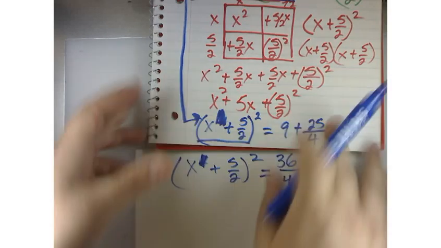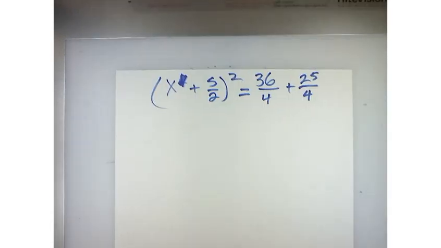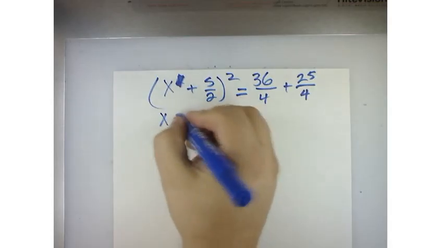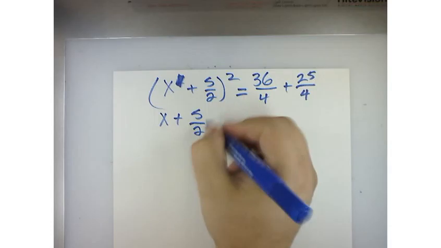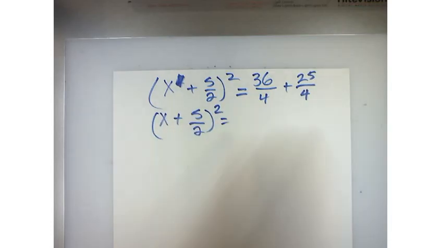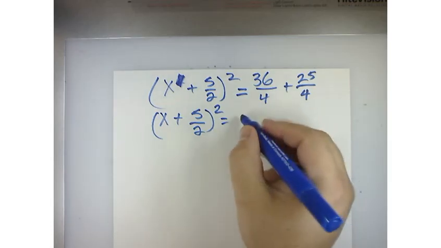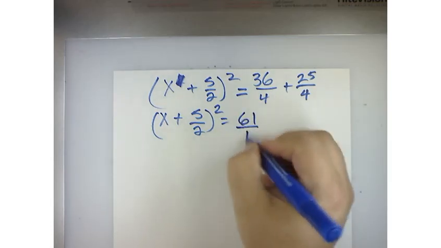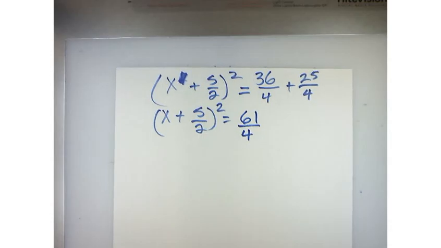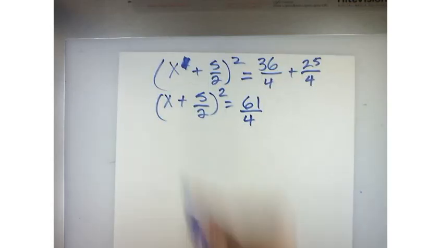Yes, Mr. Adams. So this is where we're at. Well, that would be x plus 5 over 2 squared is equal to, what's 25 plus 36? 61 over 4? Is that right? Well, I sure hope we get the right answer. I didn't make any mistakes.